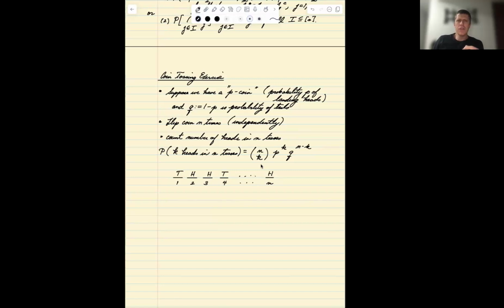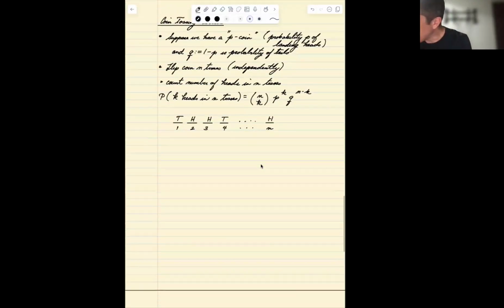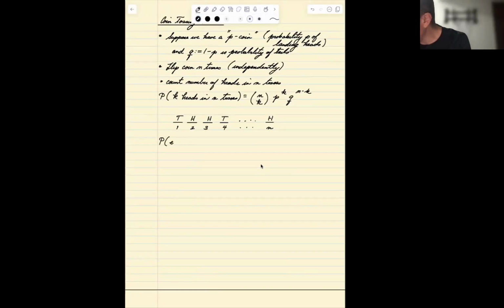So now what we're interested in calculating is the probability of an even number of heads in n tosses.